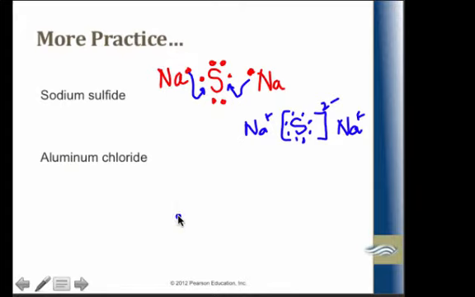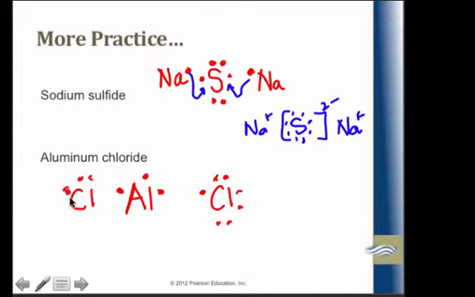Alright, let's do the same for aluminum. Aluminum has 3 valence electrons. So we have chlorine, which is 1 short. So, as you've probably figured out, 3 chlorines would love to partner up with this aluminum and take its 1 electron.